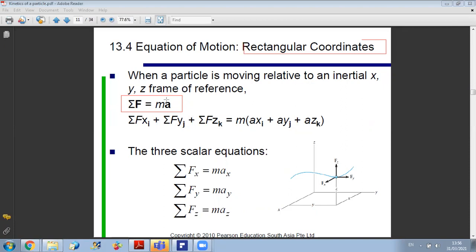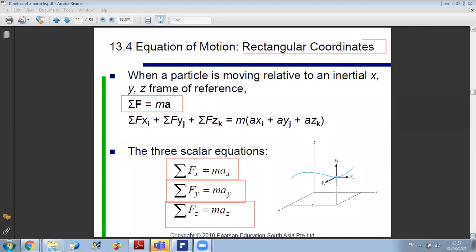If I write Newton's law and decompose it into ijk components, I can say that the sum of forces can be written as sum of F_x i plus sum of F_y j plus sum of F_z k, and it's equal to m times (a_x i plus a_y j plus a_z k). If I put the i components equal to each other, the j components equal, and the k components equal, I will get three relations: sum of F_x equals m a_x, sum of F_y equals m a_y, and sum of F_z equals m a_z.